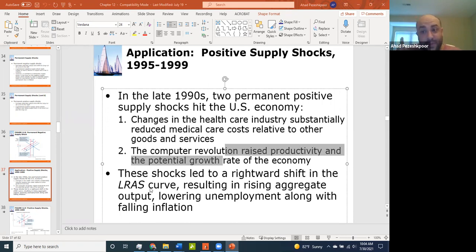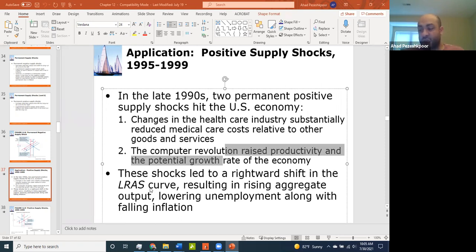These were permanent positive supply shocks. And we saw the same thing happening in the past 10 years with high-tech companies and data, companies like Facebook and Twitter. Well, Google was already there, but it's still expanding its operations.